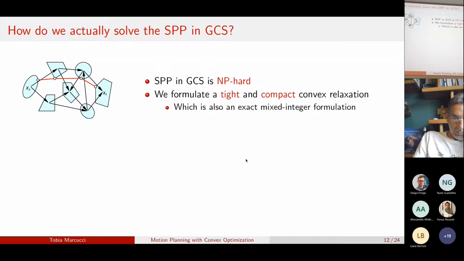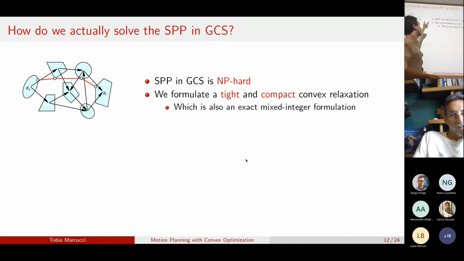Don't worry. Okay, let me then spend a word on how we actually solve this optimization problem in practice. I wrote down an optimization problem before, but it wasn't really something that you can hand to a standard convex optimization solver. In fact, it was not even convex.